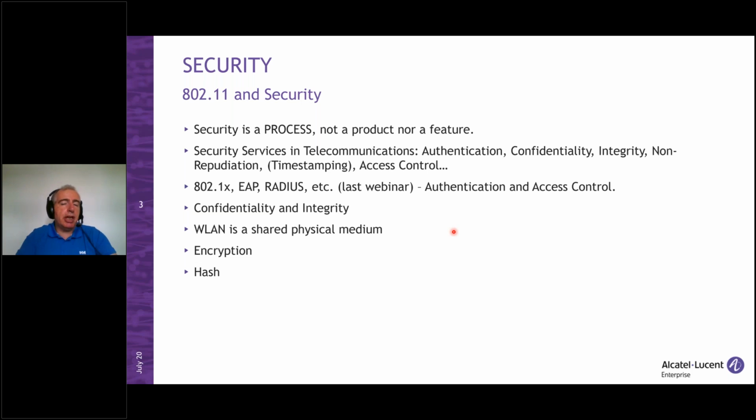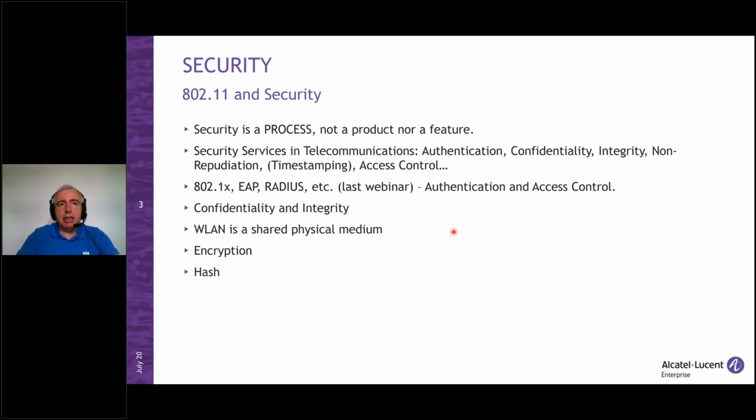Any information you exchange, you should try to keep safe. You should try to do this exchange with security. But it is dramatically key to do it in WLAN, because WLAN, like most radio solutions, is a shared medium.